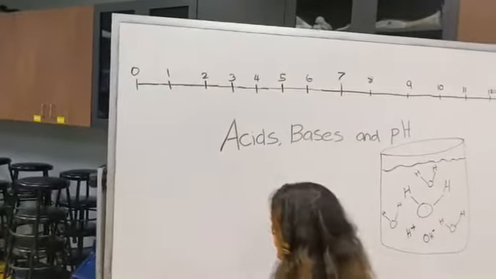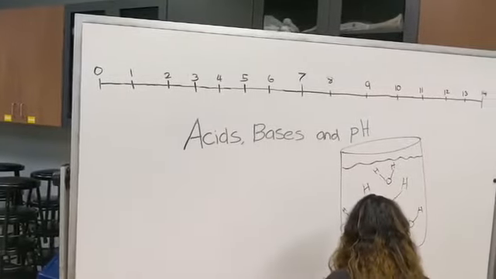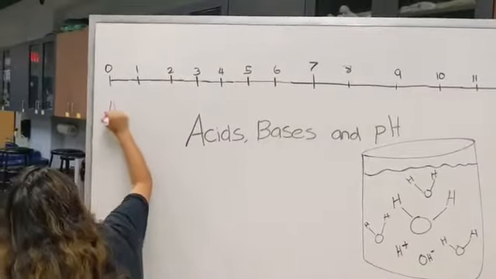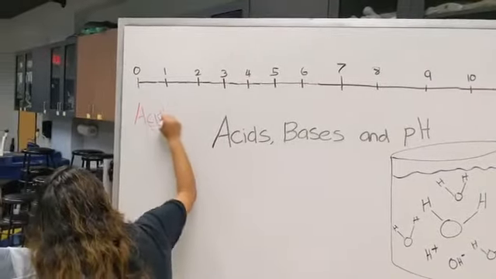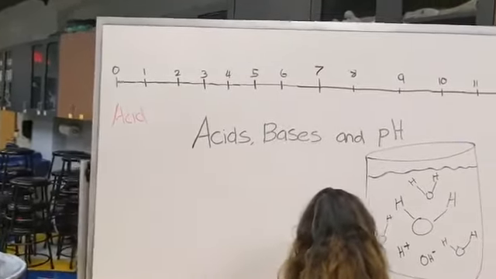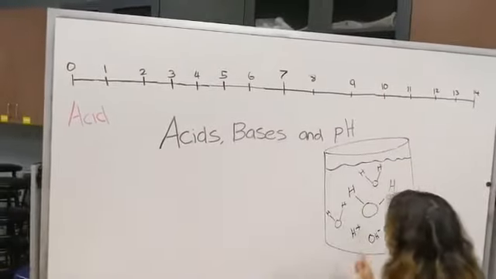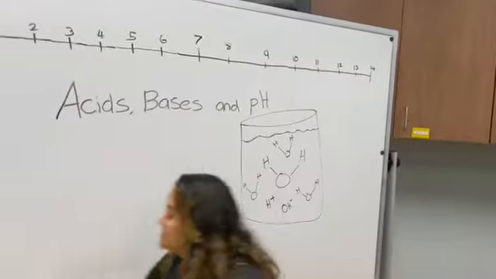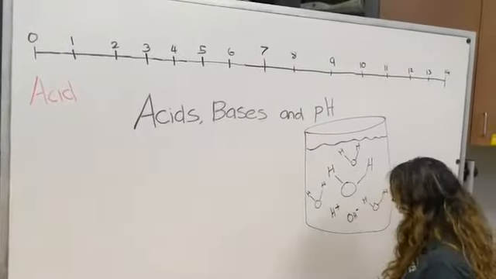So let's write our acid right here. If it has a very low concentration of H+ ion, we call that a base. So let's write our base over here.